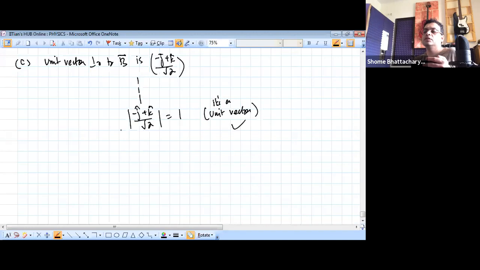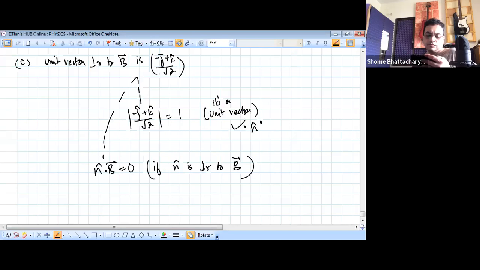That's what we need. And secondly, if you take the dot product of that unit vector, so we are calling this unit vector n cap now, n cap dot b should be equal to 0 if n cap is perpendicular to b. That is the condition we have to check.